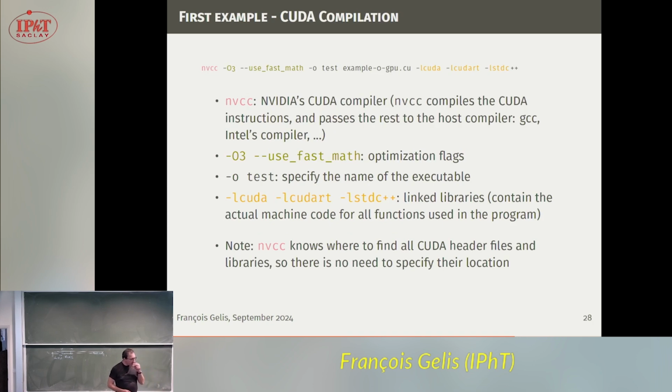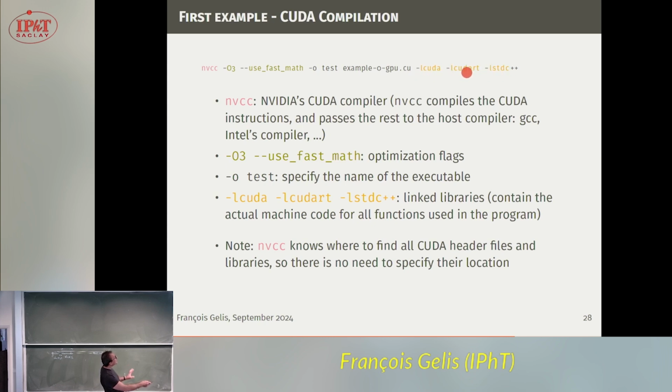This is the compilation. It's very important, but rather simple. The compiler is called NVCC. It's not actually a compiler. It's more like a script that will, under the hood, call the compiler for you. It has almost the same syntax as the GCC compiler. You tell it which file you want to compile, the name of the output file, and the libraries you need to link it with.